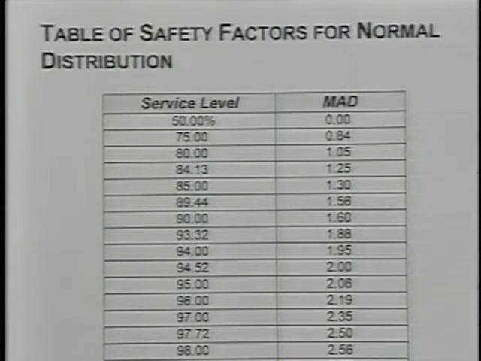If you go to the left-hand column under service level, read down to the 95% service level and read across, there you're going to find the safety factor of 2.06, and that's the exact safety factor we used in our illustration. So this is a table of safety factors for normal distribution using the mean absolute deviation approach.